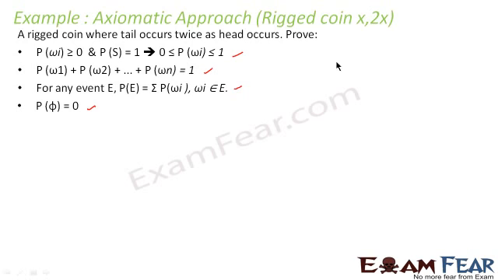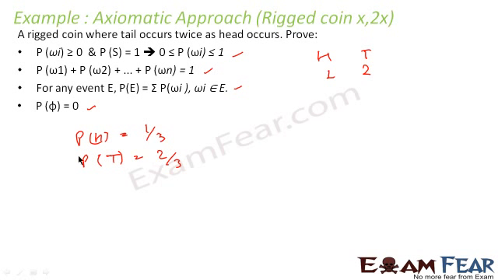Let's prove this. In this case, we have head and tail. If head occurs once, tail occurs twice. So the probability of head is 1 by 3, and the probability of tail is 2 by 3, because tail occurs twice for every 3 throws and head occurs once for every 3 throws.